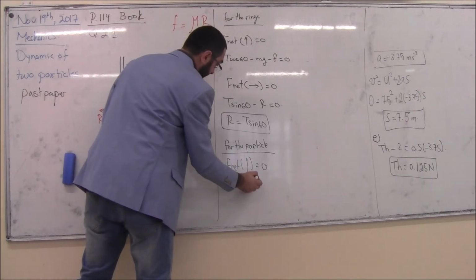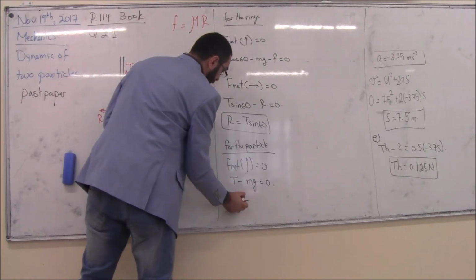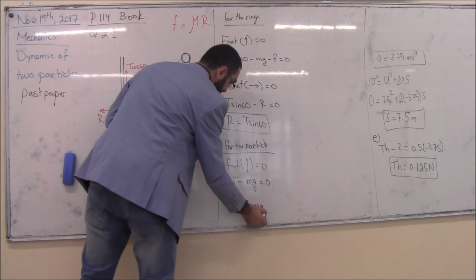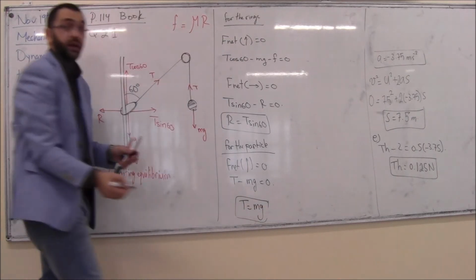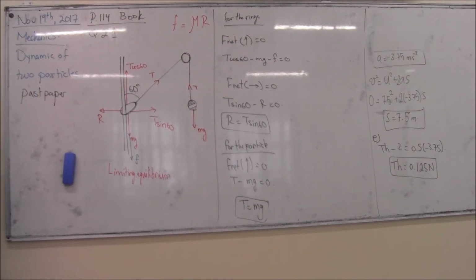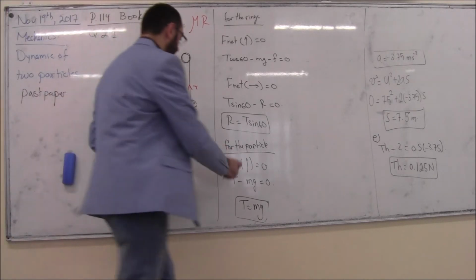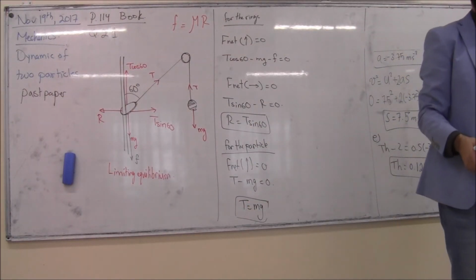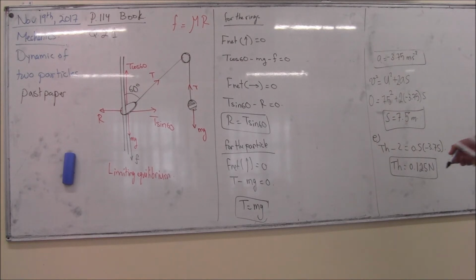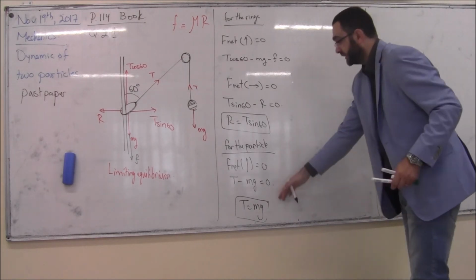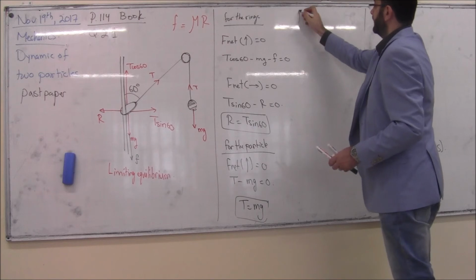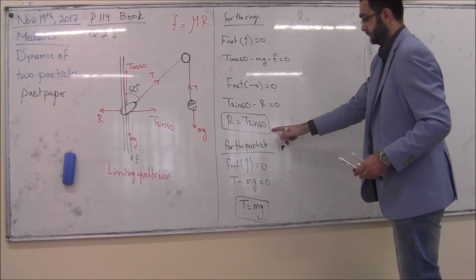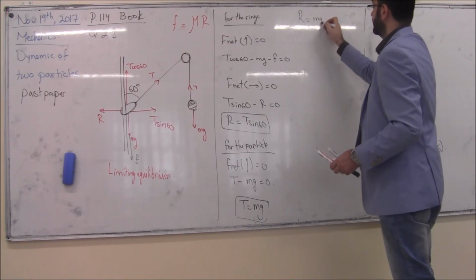T minus mg equals 0, so T equals mg. We found T. If I found T, I can find everything. Now, let's substitute T here. So R equals mg sine 60.